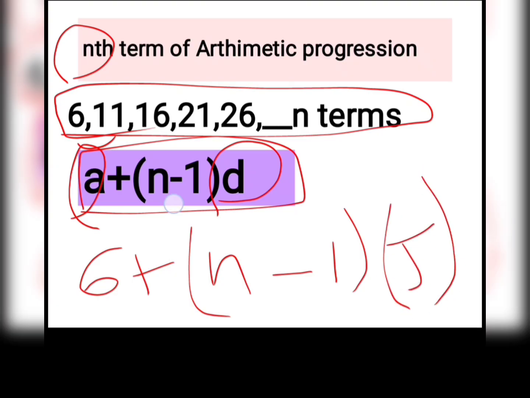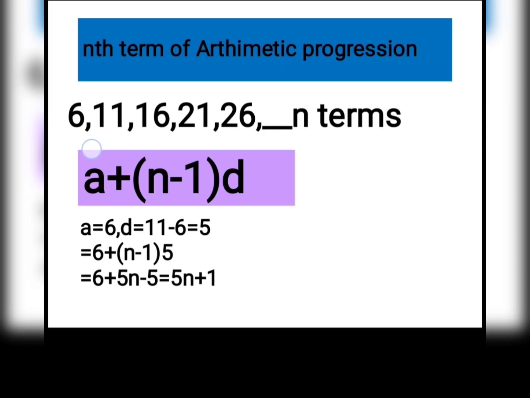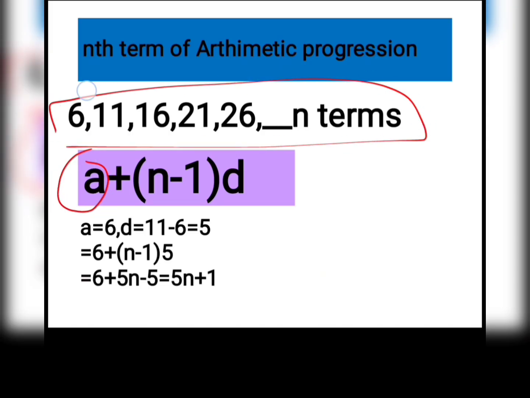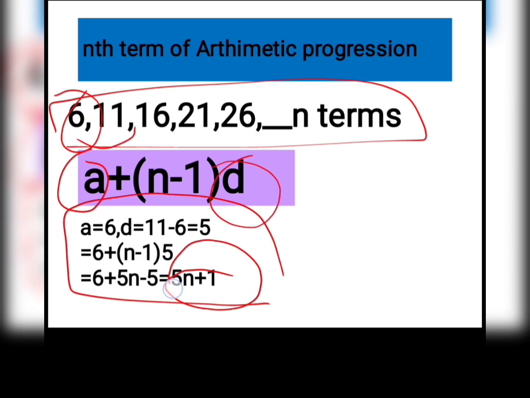So by solving this, you will get 6 plus 5n minus 5, which is equal to 5n plus 1. Substituting the values given in the series, the first term and common difference, you will get the nth term of the series.